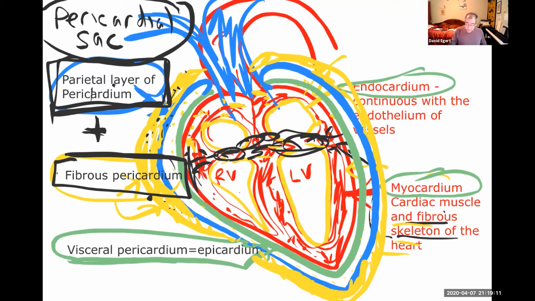Again, the tip of the heart we call the apex. Apex is actually a bit to the left. Maybe 2/3 of the heart is left of your midline.